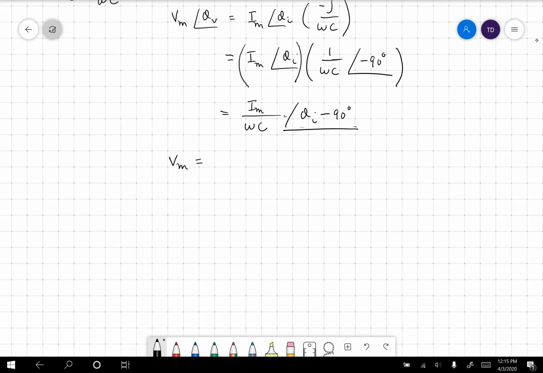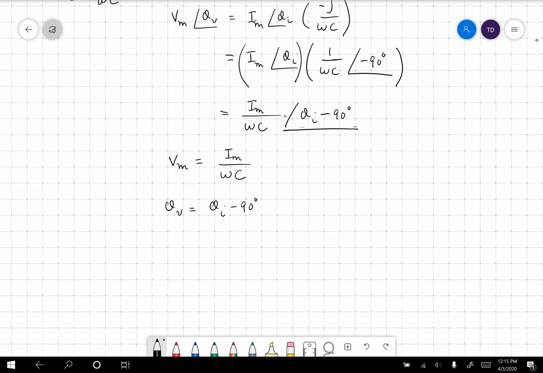One, the amplitude of the voltage is equal to the amplitude of the current divided by omega C. And two, the angle theta V, what I'm really interested in today, is the angle of the current minus 90 degrees. Notice it was very similar to the other one, except rather than a plus, it's a minus. So in words, what does that tell us?